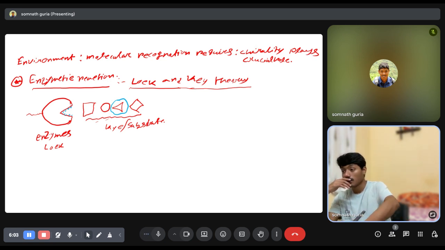This lock and key mechanism, this molecular recognition by the binding pocket of the enzymes, is actually happening by a chemical bonding process.